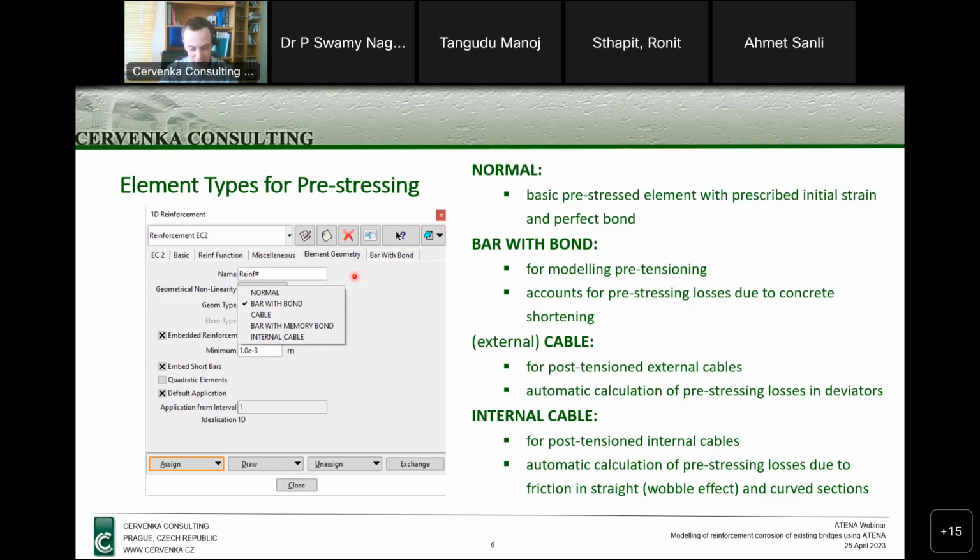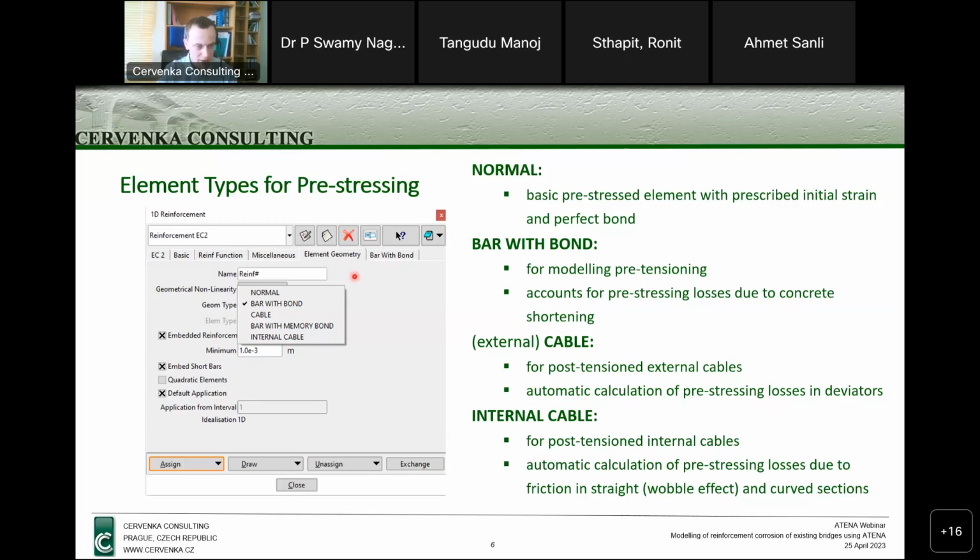The other option is that we directly prescribe the prestressing stress. This is again more similar to the construction when we, for example, create a segmental bridge where we use a hydraulic jack to prestress the cables, and in this case we directly prescribe the stress as it is on site.